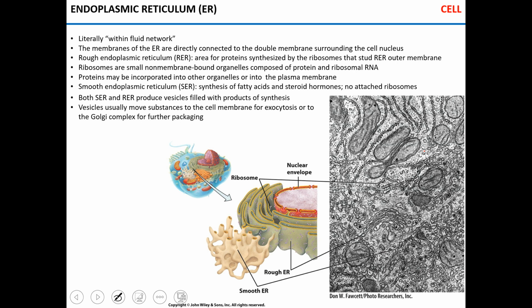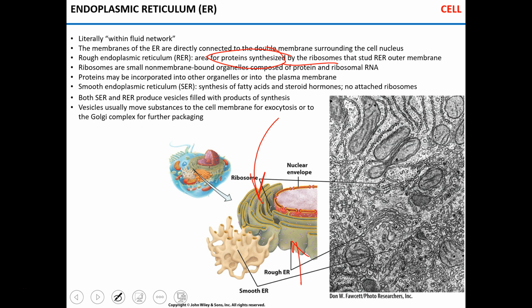Now, the endoplasmic reticulum is the network of membranes, basically a membrane-bound lattice, that is directly connected to the double-membrane nucleus. Rough endoplasmic reticulum contains ribosomes that are necessary for protein synthesis.